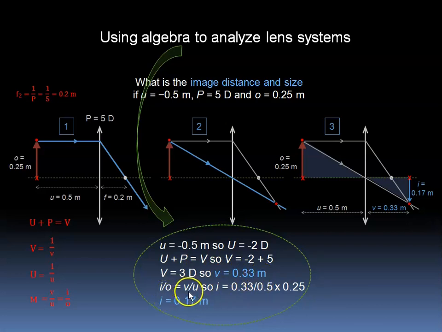I over O equals V over U, so I is 0.33 over 0.5 times the object height of 0.25, which was given here. And therefore the image is 0.17 high and 0.33 away from the lens. It is generally easier to use algebra, but it is instructive to see that it can be done using geometry.